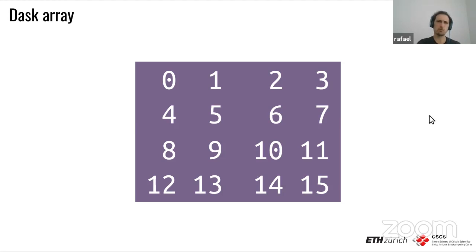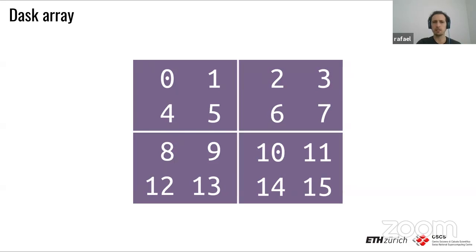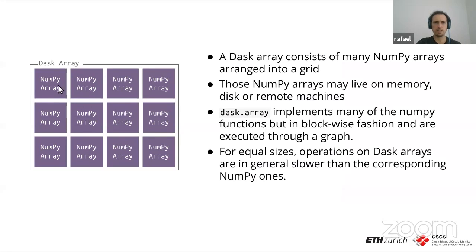The one we're going to see today is Dask array, that is a version of NumPy arrays written for distributed workloads and for data larger than memory. So what is a Dask array? You can deal with it similar to a NumPy array, but in the backend, all the operations are divided in chunks. And effectively, a Dask array is a set of NumPy arrays. So it's divided in chunks, and each of them is a NumPy array.